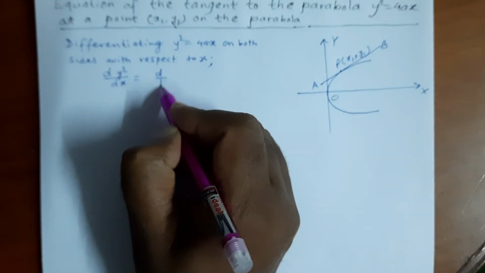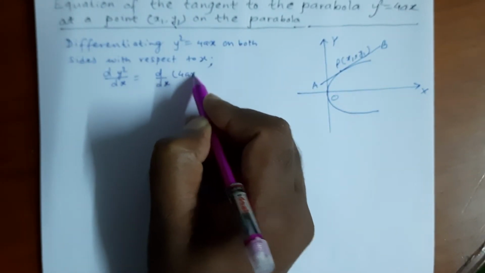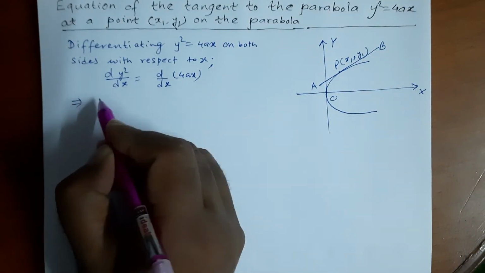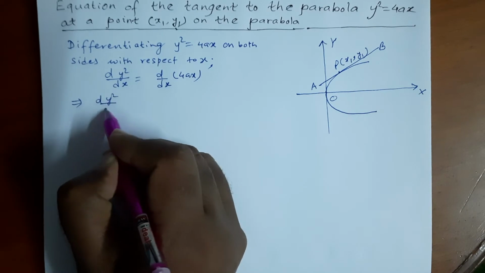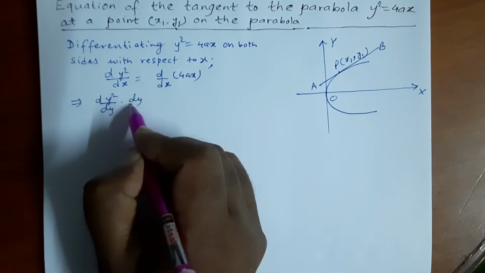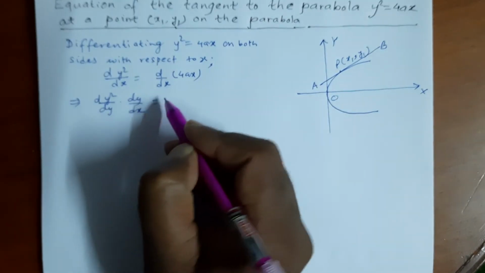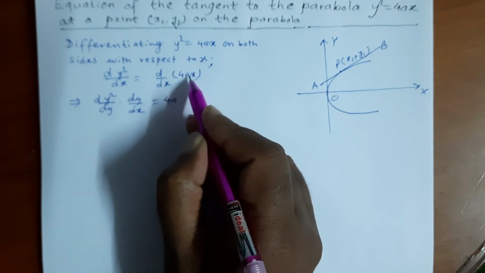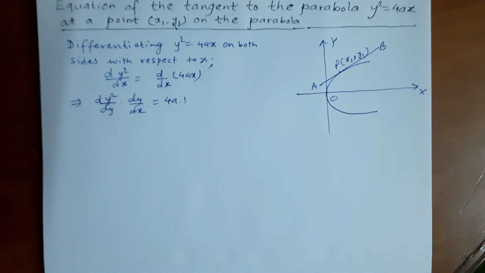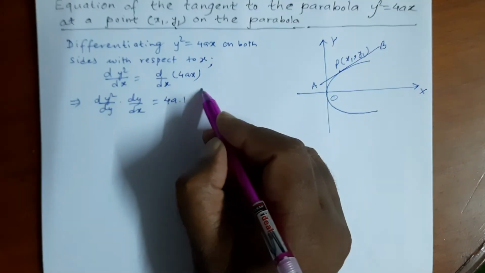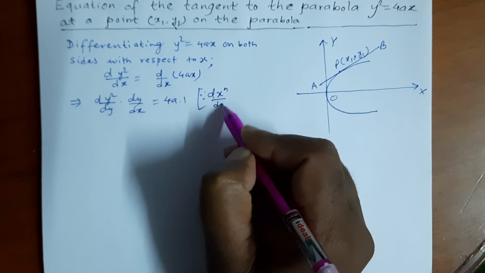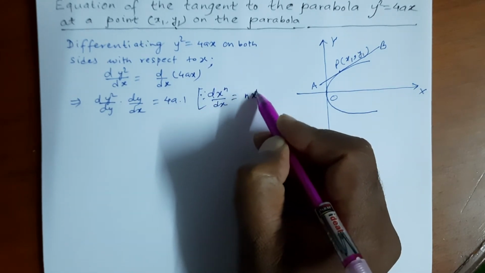Then we have d y square over dx equals d over dx of 4ax, and now we can make the change for this, d y square over dy times dy over dx equals 4a dx over dx. This 4a is constant, we can write it here, and dx over dx has value 1. And you know that d x to the n over dx is n x to the n minus 1.